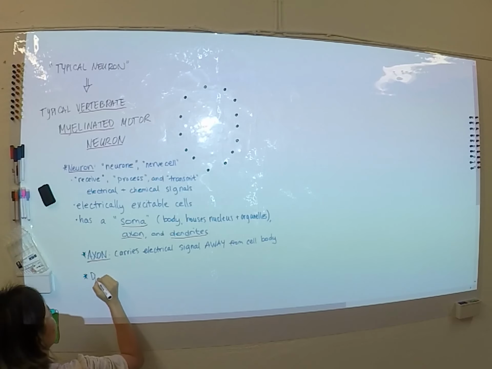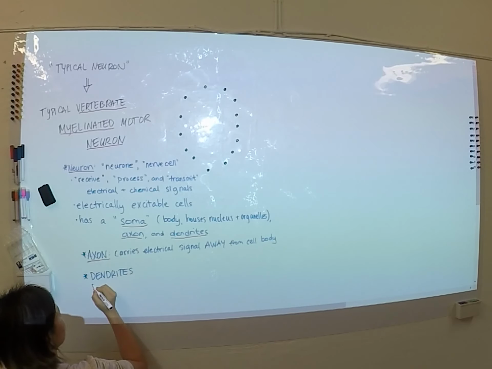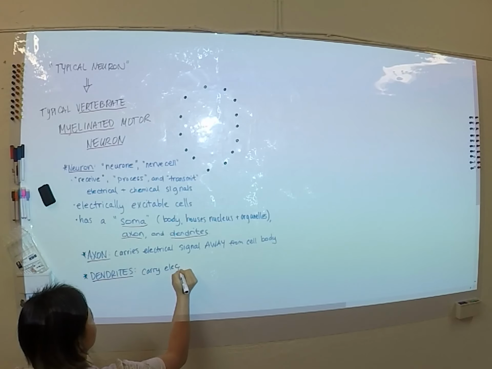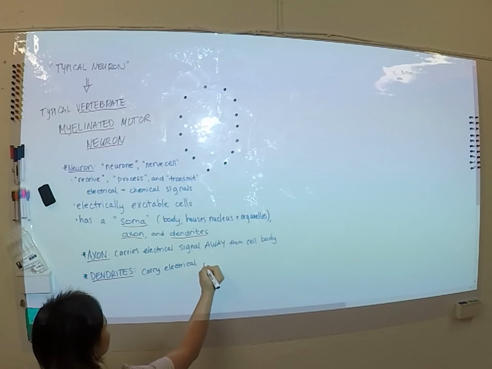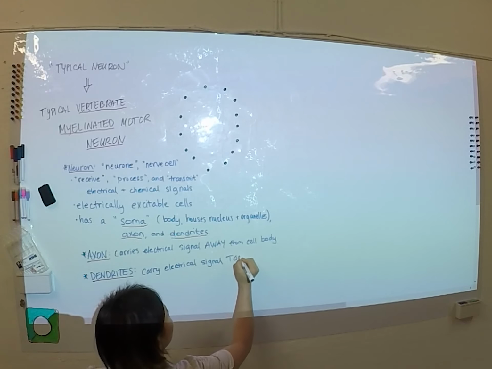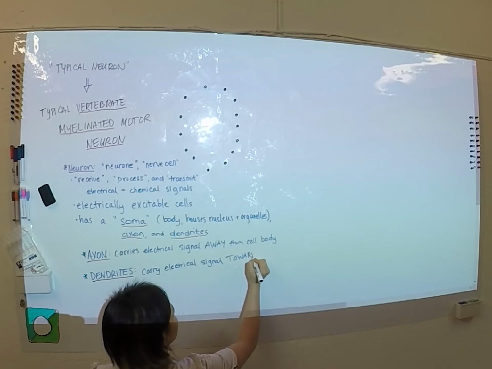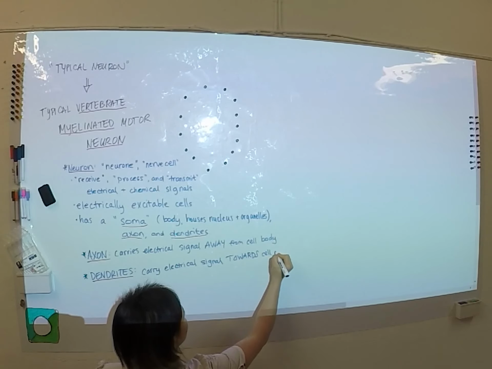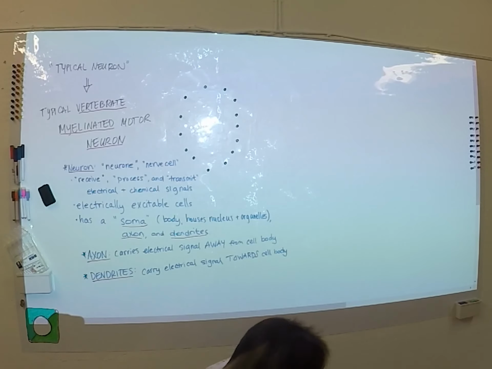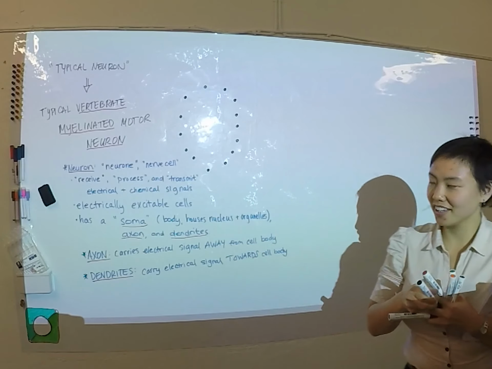And can you guess then what the dendrites are? Okay, so the dendrites carry electrical signal towards the cell body. Okay, all right, so now let's draw this.